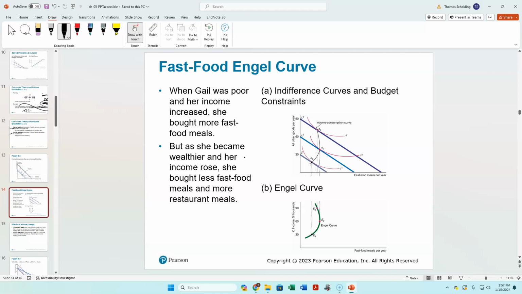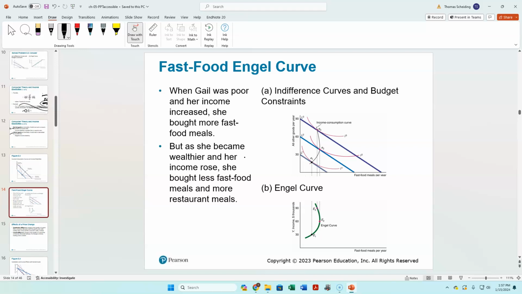In this case, if we have fast food, right, for most individuals, as their income goes up, they go out to eat more fast food. But then at some point, they have so much wealth, they don't go to McDonald's anymore. They don't go to Pizza Hut anymore. They go to Ruth's Chris Steakhouse, right, or some other fancy restaurant.